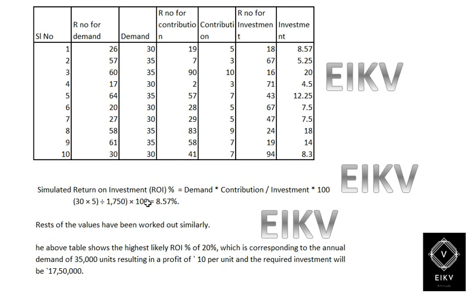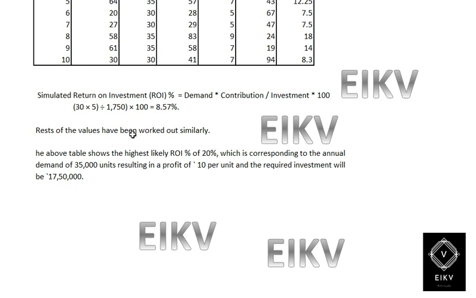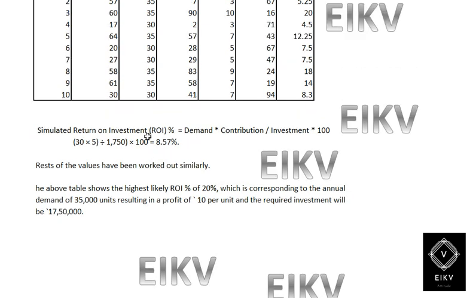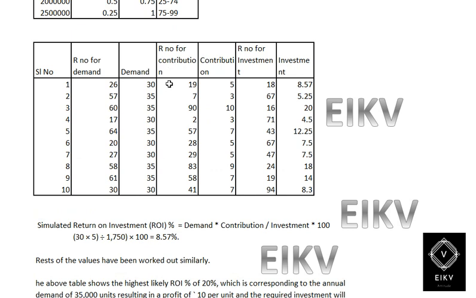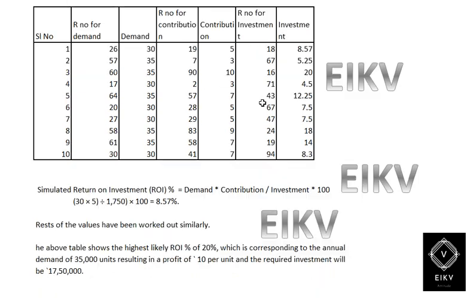So the demand is 30 into 5 divided by 17.5, that is 17,50,000, into 100, which gives you 8.75 percent. The rest of the values have been worked out similarly. So this is how it should be computed.